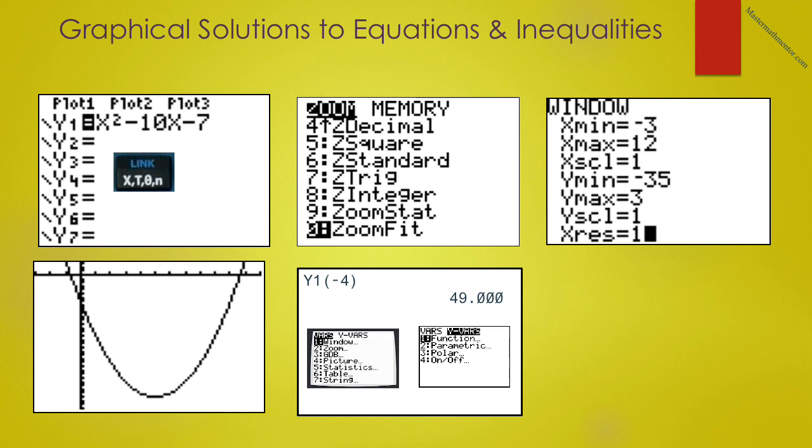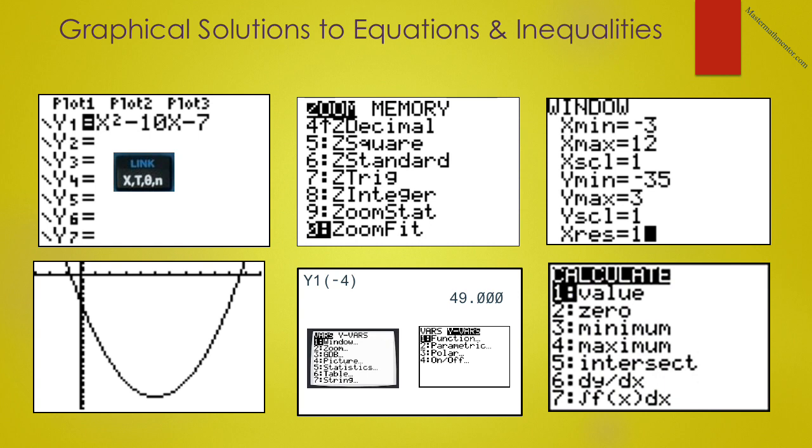In order to get the y1, you will press the vars button and then arrow right to y vars and choose y1. Then put a parentheses and then a negative 4, making sure you hit the negative sign and not the minus sign.